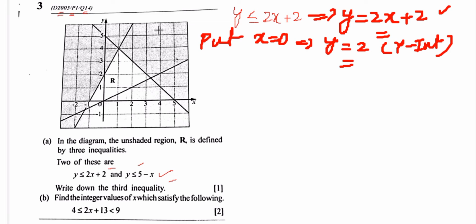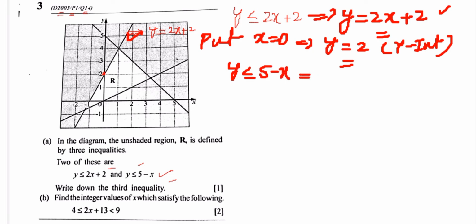So you can see here this line cuts the y-axis at this point, y is equal to 2. It means this line has the equation y is equal to 2x plus 2. The next inequality is y less than or equal to 5 minus x.